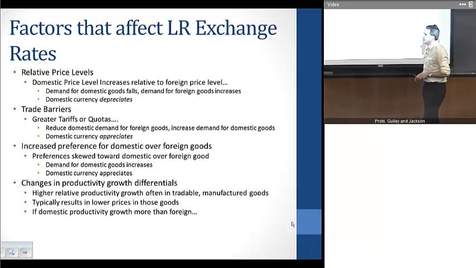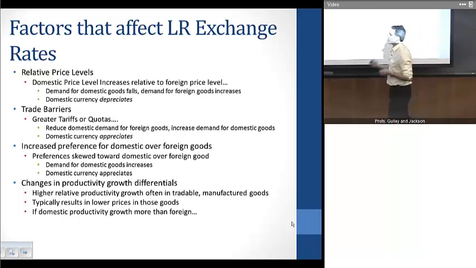And then lastly, if we look at changes in productivity growth and the differentials between those two, again, we're thinking about one country relative to another when we're thinking about exchange rates. So we're really thinking about the differentials between these things. So if we have higher relative productivity growth in the domestic economy, for instance, typically we think about that in terms of the tradable or manufactured goods sectors.